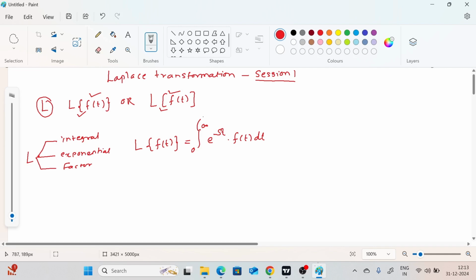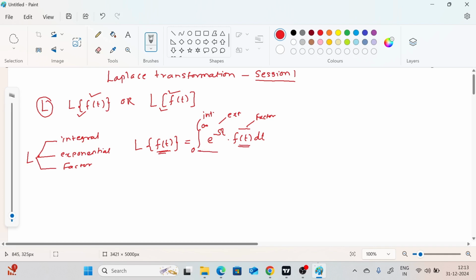Now, first is integral, second is exponential, and third is the factor. We can see whatever factor f(t) is outside, the same f(t) is inside.